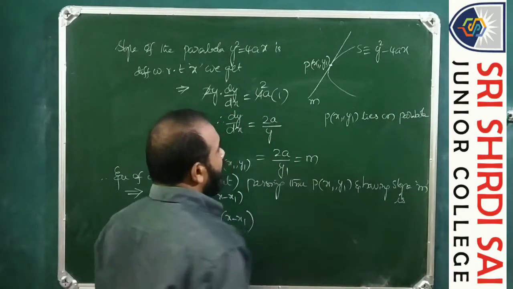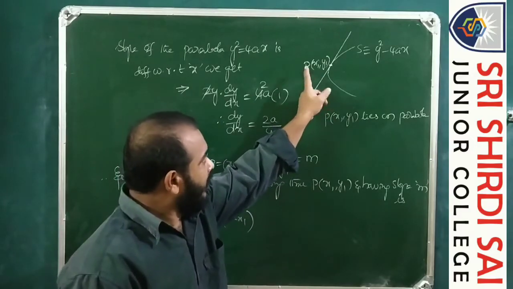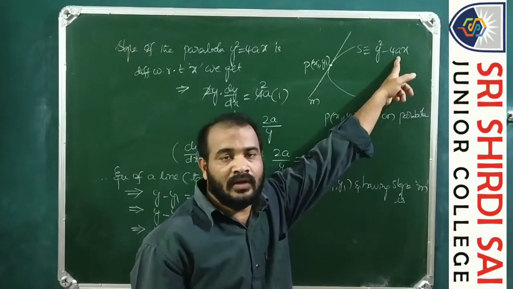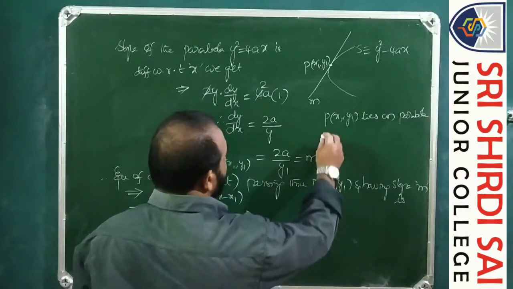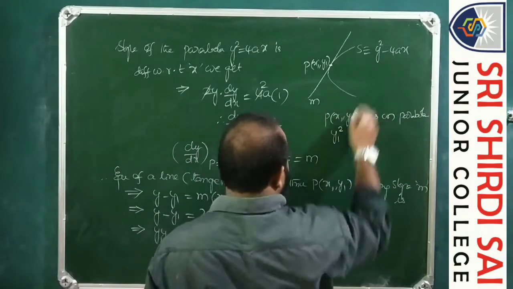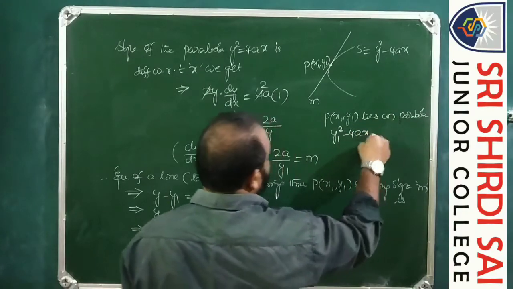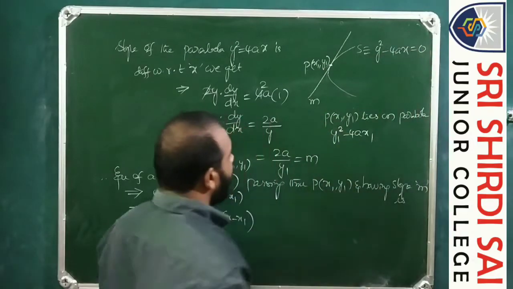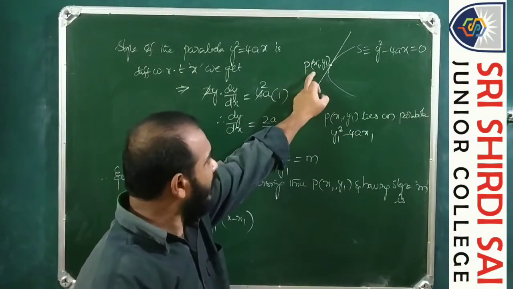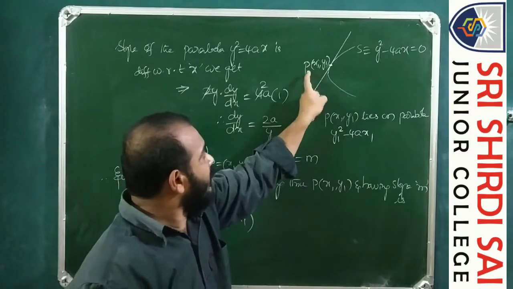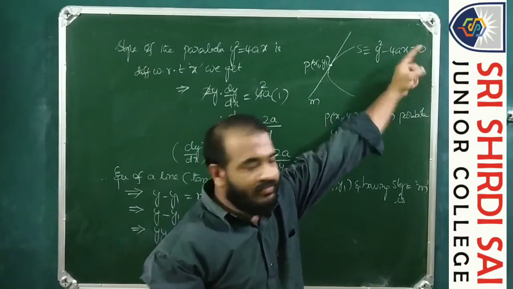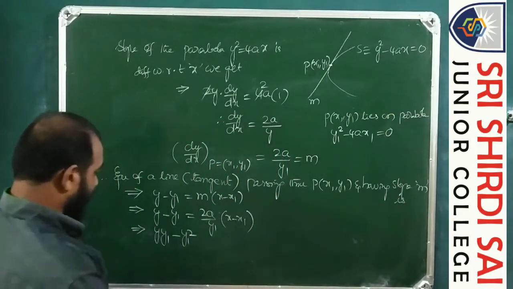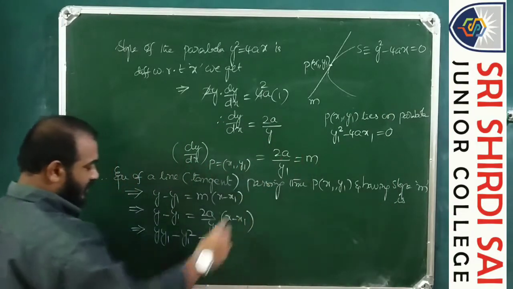That means when P(x1, y1) is substituted in the equation, it has to be satisfied. So this is the parabola y square equals 4ax, and since this point lies on the parabola, it has to satisfy the parabolic equation. So y1 square minus 4ax1 equals 0. You bear that in mind.